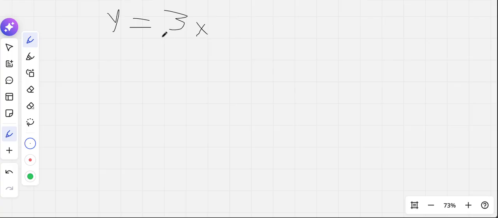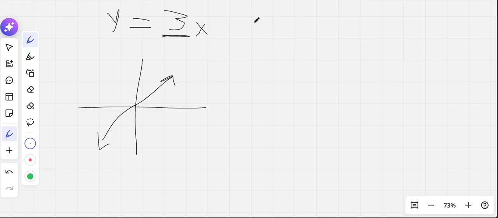And if you watch that video, you would know that this coefficient is the slope, right? So since 3 is the slope, you know that 3 is a positive number. So whenever we graph a positive slope, the rate of change will always be a positive number. So this is the line. The slope of a linear function which is positive would always look something like this. It might be steeper or shallower, but it will always go in that direction.